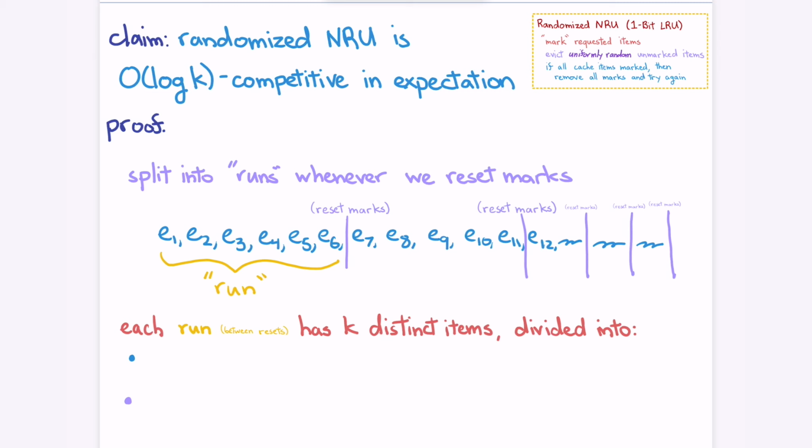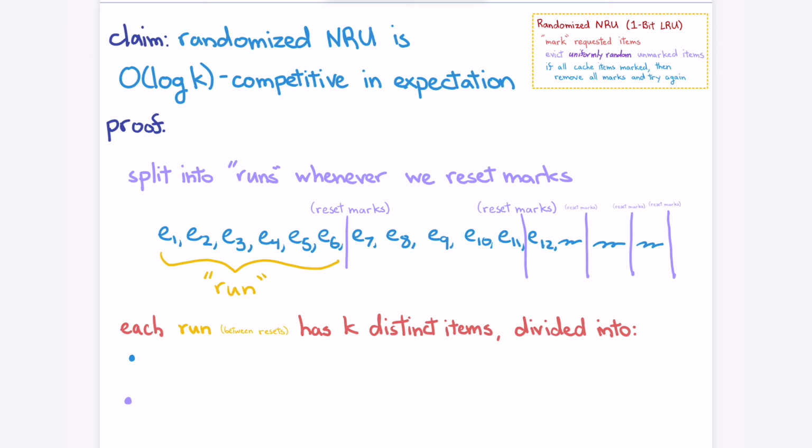Each run will have k distinct items. Even though we're randomly evicting things, that invariant doesn't change because the marks distinguish k from the next, k plus 1th item. Even though this is reconstructed in hindsight, there will always be k distinct items.